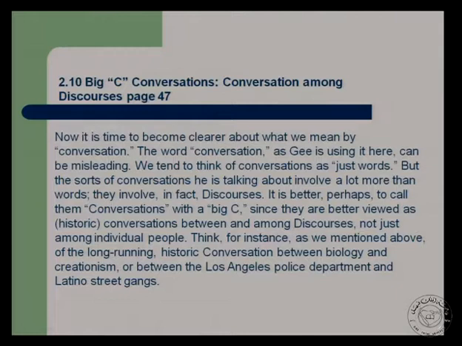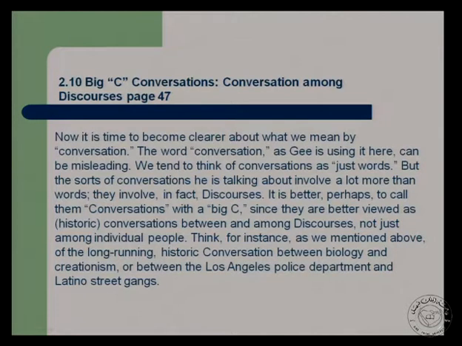They involve the discourses. It is better perhaps to call them conversations with a big C, to differentiate them from conversation between individuals, since they are better viewed as historic.